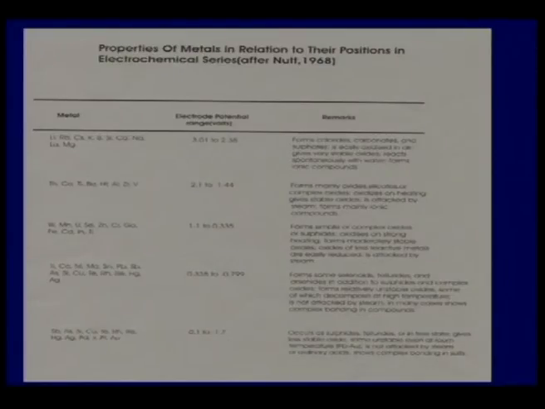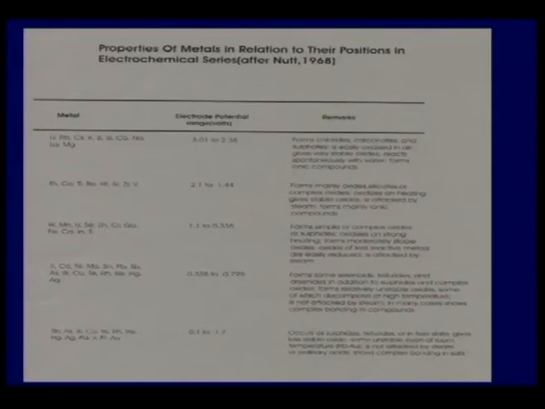Then you come to another group lower down in electrode potential values. These will form simple or complex oxides or sulfides. They will oxidize on strong heating and form moderately stable oxides.